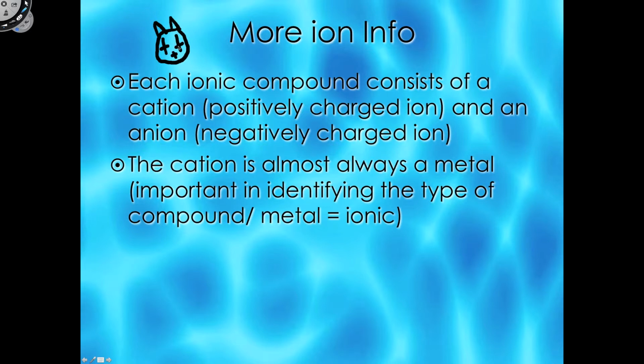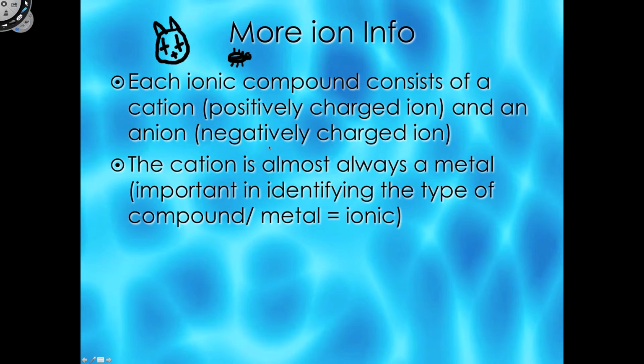See, it looks like a cat, and it's got plus charges for eyes. And this is an ant ion. Get it? You see the negative sign going. It looks more like a ladybug, but there are different ways to remember it. But positive means cation, negative means anion.